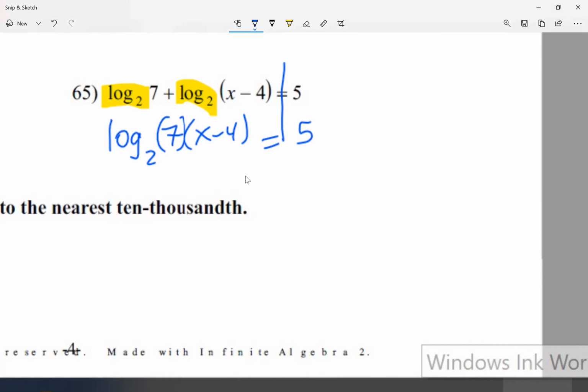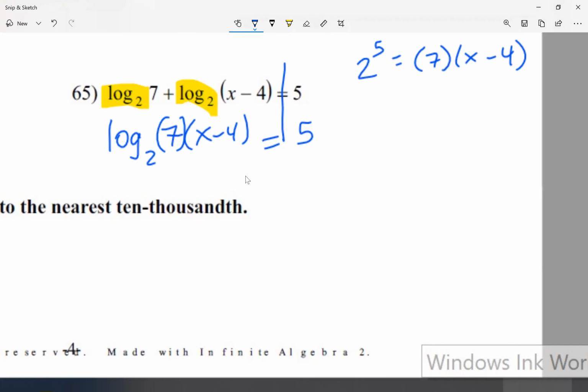And I can rewrite this in exponential form because I have logs only on one side. So let me rewrite this as 2 to the 5th is equal to 7 times x minus 4. So I go from logarithm form to exponential form. We just reviewed that in question 57 of today's notes.